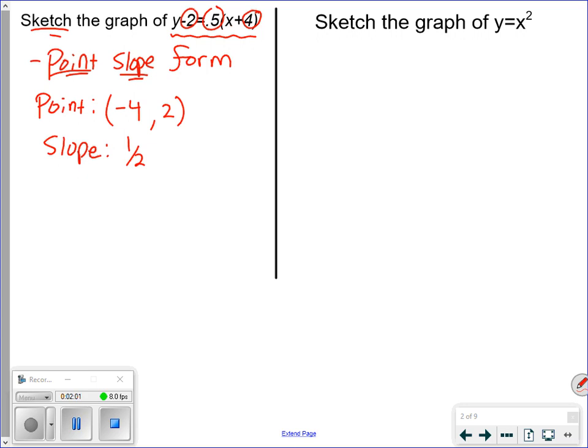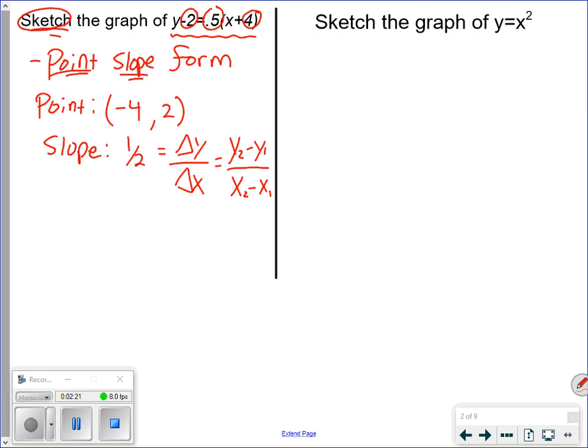Remember that all a slope is, in terms of a line, is your change in y. That triangle means change. It's called delta y, or change in y, over change in x, which you're used to seeing as y2 minus y1 over x2 minus x1.